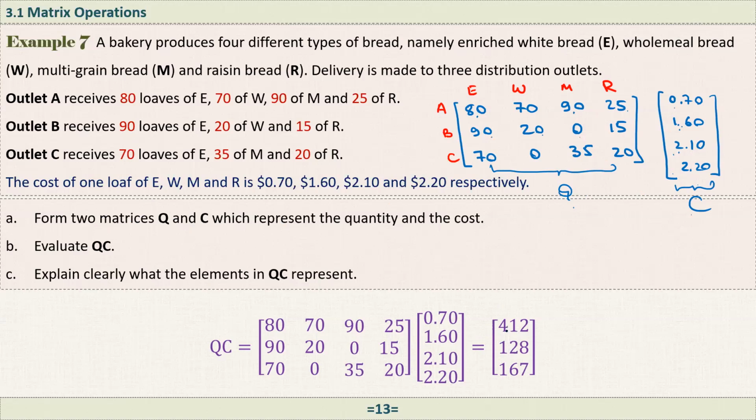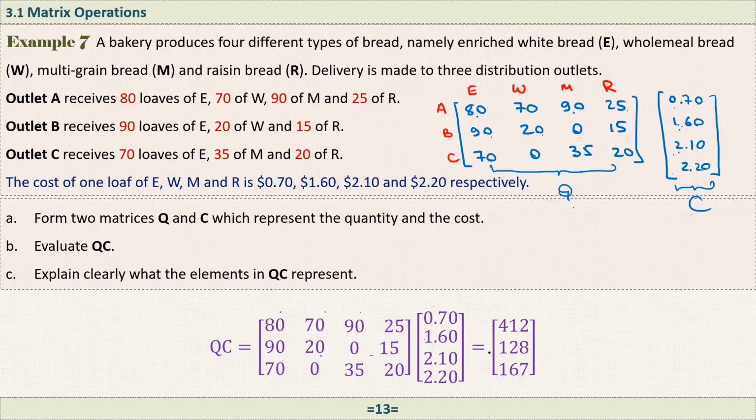Even using Excel, you can multiply this. 80 times 0.70 plus 70 times 1.60 plus 90 times 2.10 plus 25 times 2.20, that's equal to 412 dollars. The second outlet, outlet B, 90 times 0.70, 20 times 1.60, 0 times this, and 15 times this. Multiply these two matrices, and we will get this.